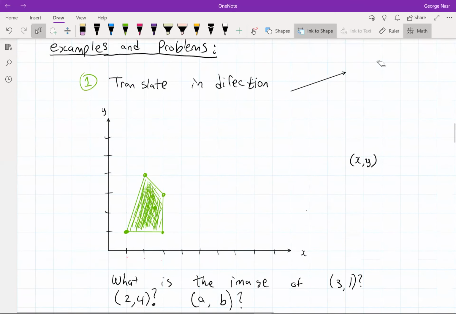So let's start by translating this picture in the direction given by the arrow. The arrow is supposed to go right 3 and up 1. So how do I transform this object? This object is big, and the thing to keep in mind is I filled it in.